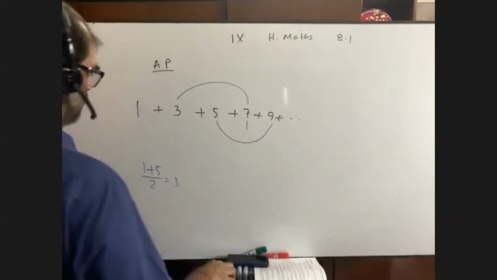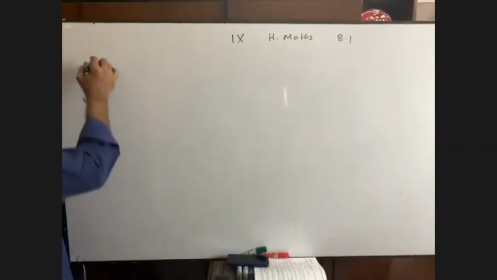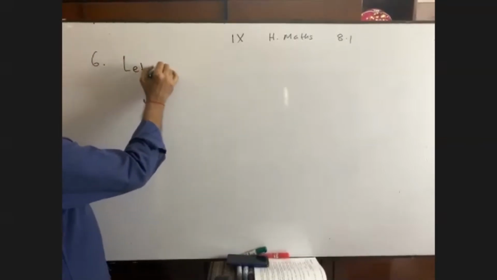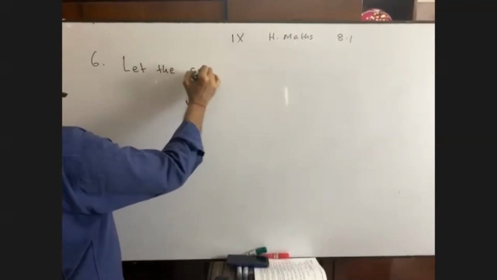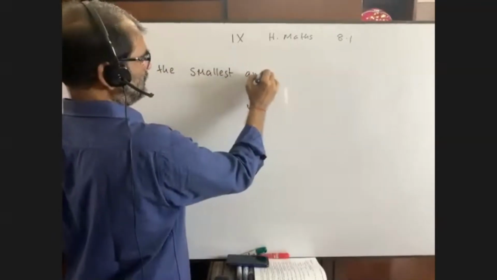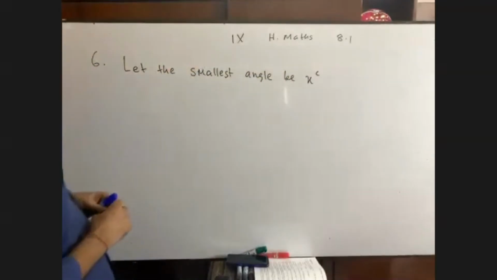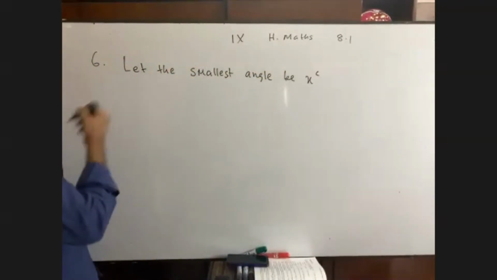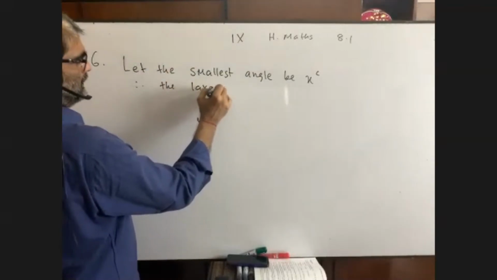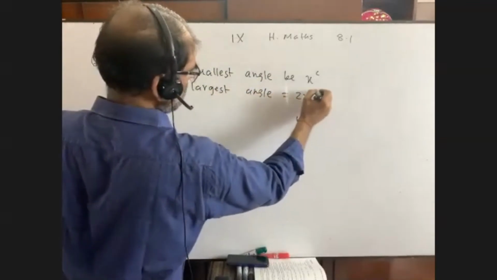Actually, I'm showing you because, suppose 6, you see. Write down, let the smallest angle be x radian. Therefore, the largest angle is twice x radian.